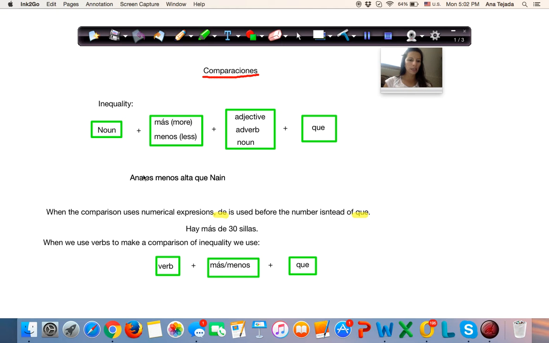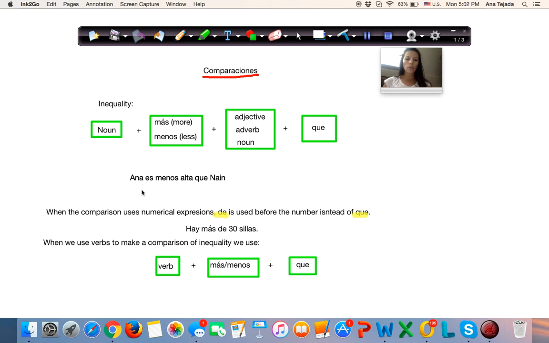We're going to have es. So noun plus es plus menos in this case. Alta is an adjective. It's a quality. It's not as tall as Naim. Que is just the equivalent in English to "than." Okay? So it's something we use to compare.